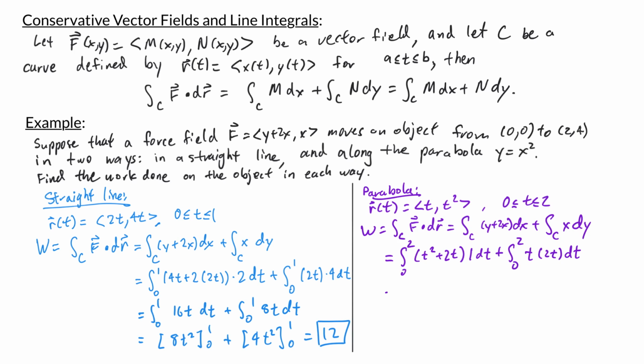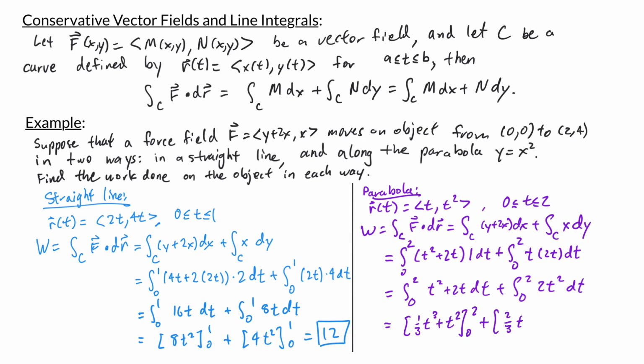These integrals simplify as the integral from 0 to 2 of t squared plus 2t dt plus the integral from 0 to 2 of 2t squared dt. Finding the antiderivative, I have 1/3 t cubed plus t squared evaluated from 0 to 2 plus 2/3 t cubed evaluated from 0 to 2.